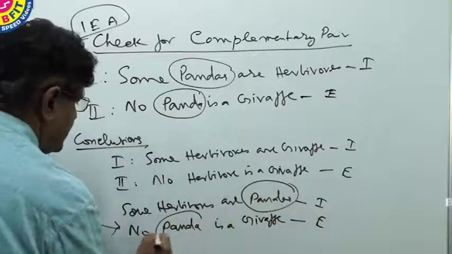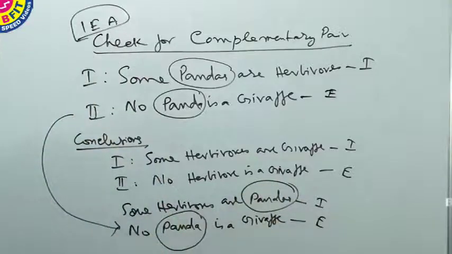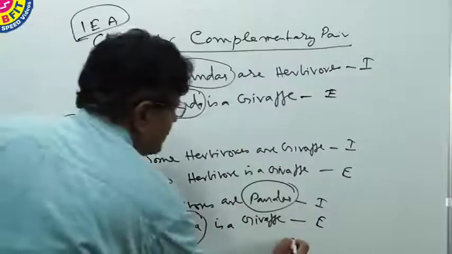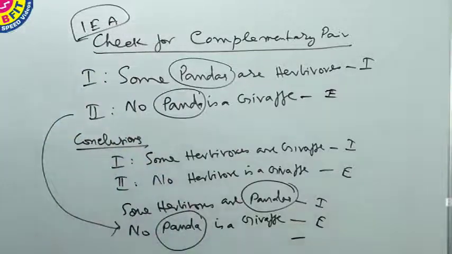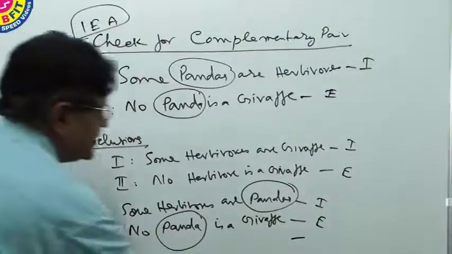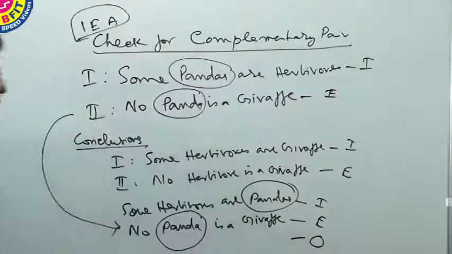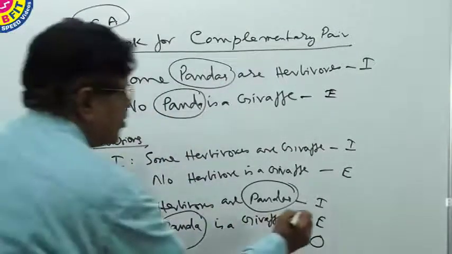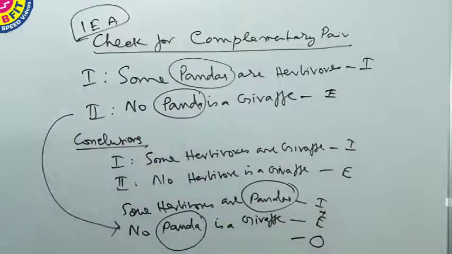Panda and panda will cancel. Common term is there. It can be cancelled. Then what is the conclusion you can draw? I plus E is equal to O. The only valid conclusion that you can draw is O type.